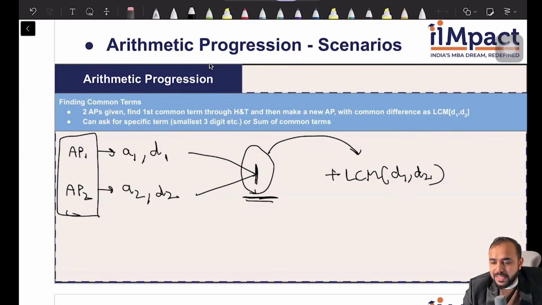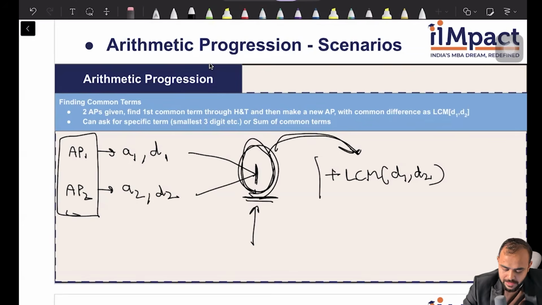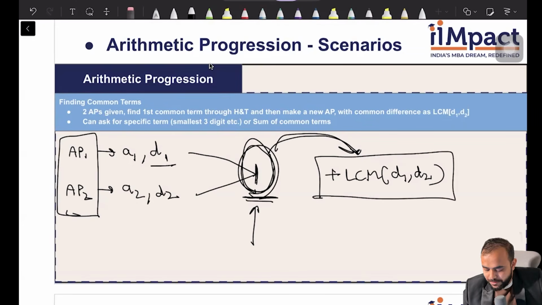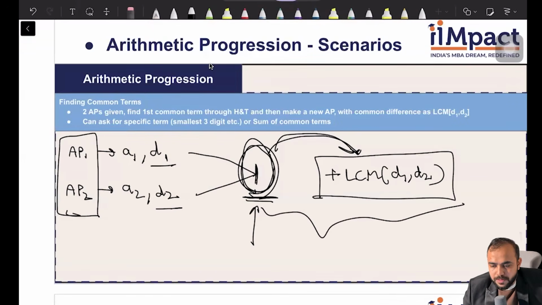So what we are really saying is that the common terms would also form a separate AP with the first term as this term that we found by hit and trial, and common difference as LCM of the differences of these two APs.